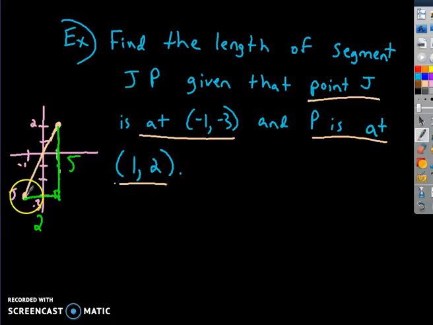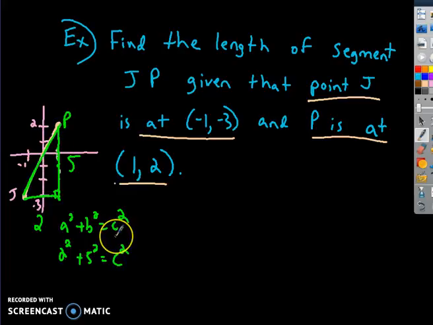So if I want to find the length of segment JP, I could say a squared plus b squared equals c squared. So 2 squared plus 5 squared equals c squared, because I don't know what this length is. I'm calling it c.